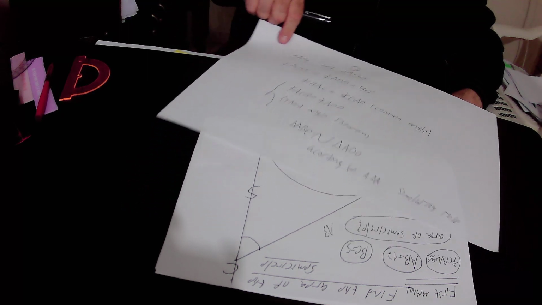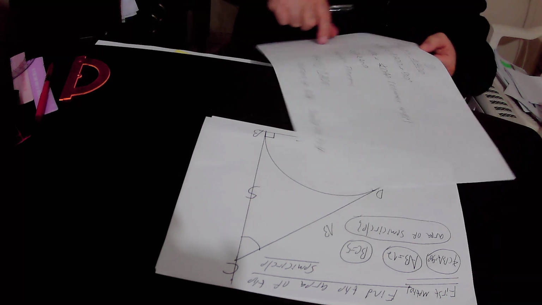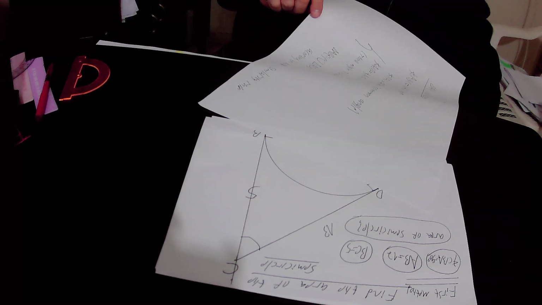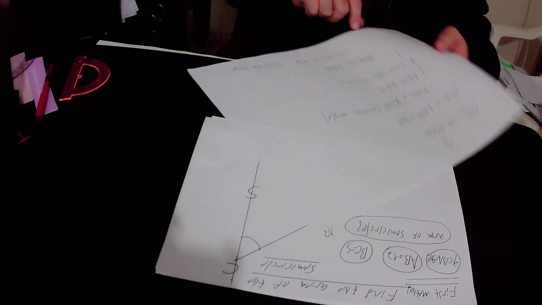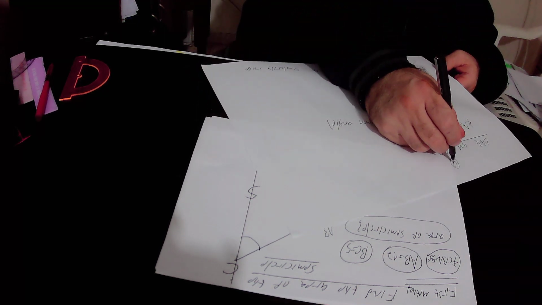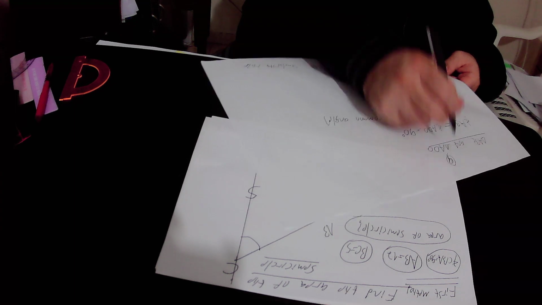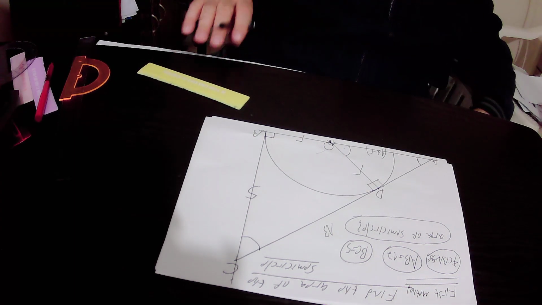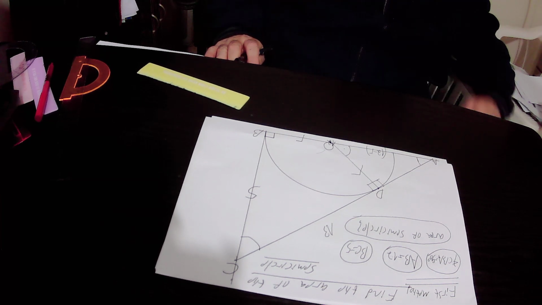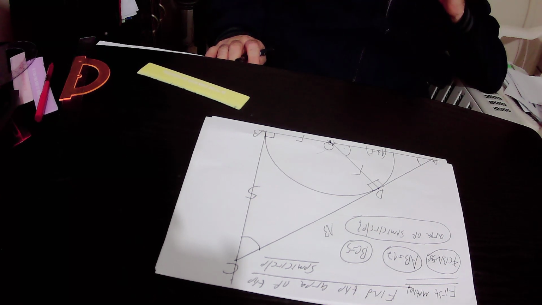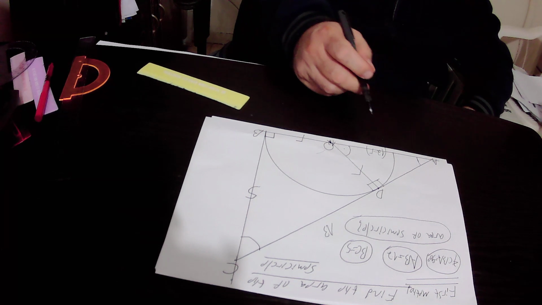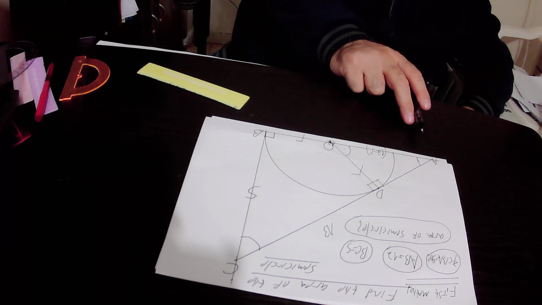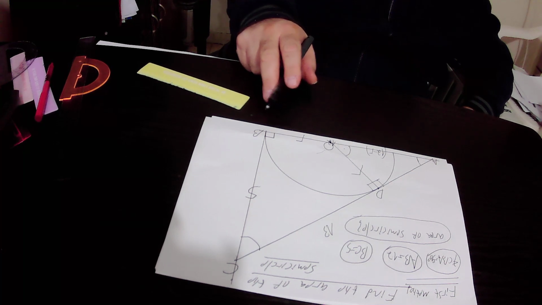And from the fact that the two triangles are similar to each other, we will conclude that AO over AD equals BA over AC.